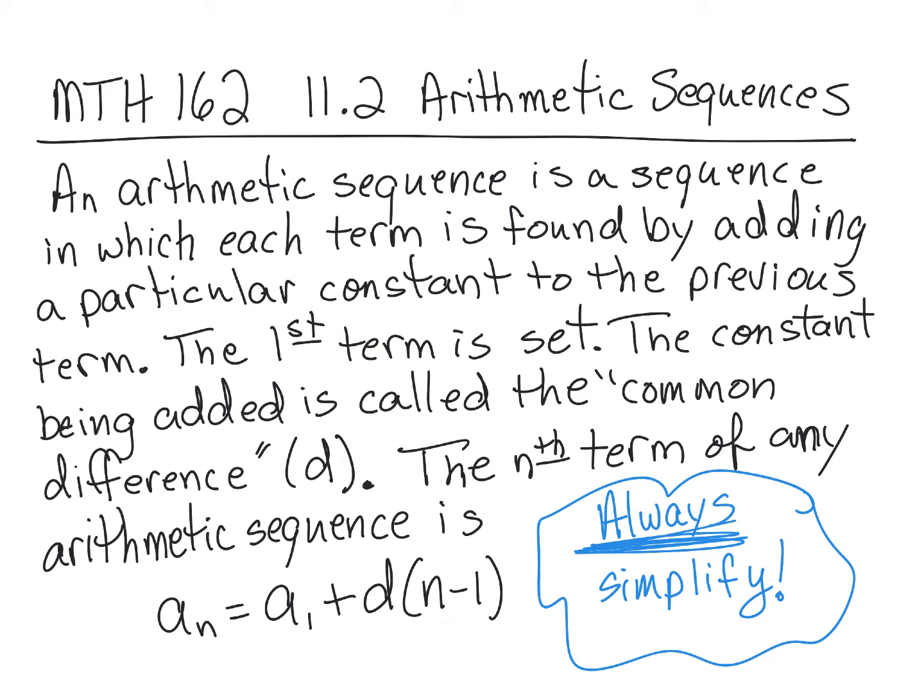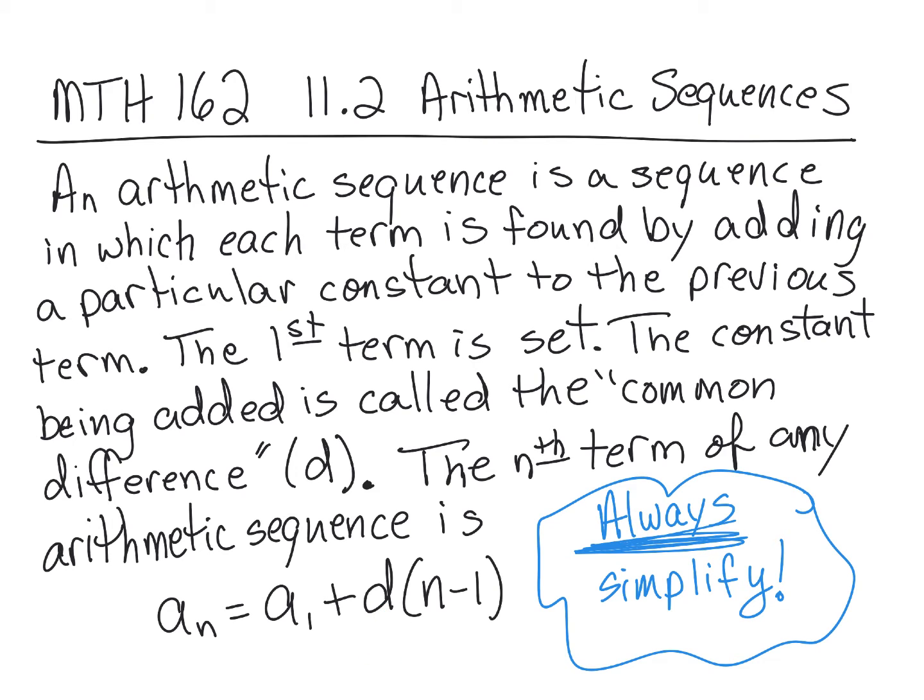Notice in this formula that when n equals 1, this is 0, okay? So your first term is set. Every time n goes up by 1, you get a multiple of your constant. This is called d because it's called the common difference, right? If you take two terms that are beside each other, anywhere in your sequence, and you subtract, you're going to get this value right here.